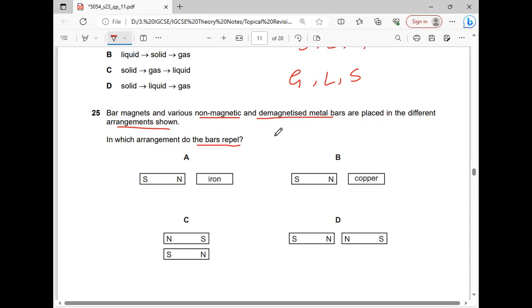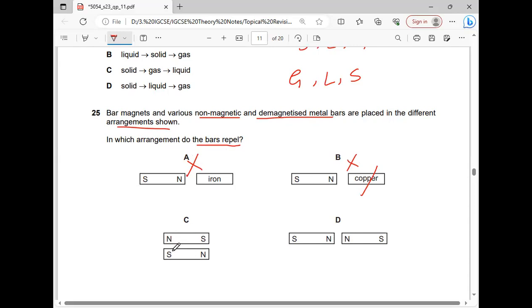Now we have to check in which option the bars repel. In one option, they will attract each other due to induced magnetism. Copper is a non-magnetic material, so nothing will happen.